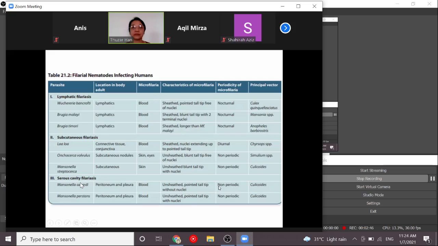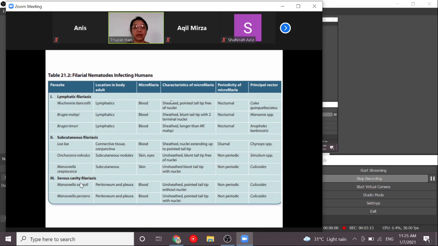Causing infection is filariasis. There are many filaria worms. But for the hemobiotic system, we focus only on those related to the blood and circulation, so only on the microfilaria found in the blood. Others we already studied in year 1, right?